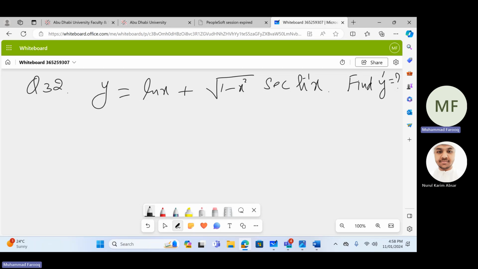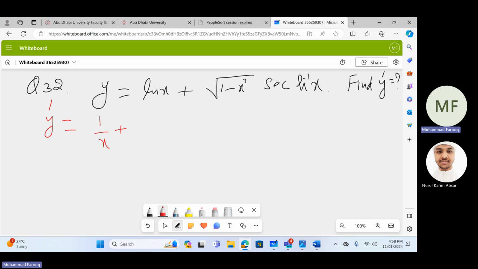Don't worry, it is the same rule of differentiation which we have learned already. The inverse hyperbolic derivatives are provided to you. Now start y prime. Derivative of ln x is 1 over x. Plus, here two functions have a product, so we use the product rule.